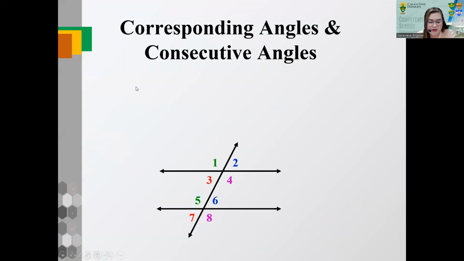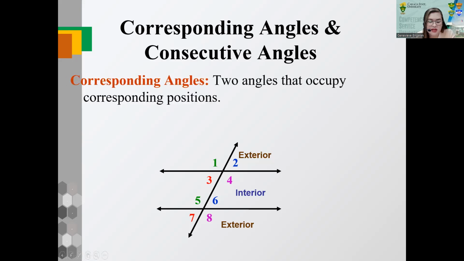So, for example, we have ang corresponding pudtuod, corresponding angles and consecutive angles. Okay, so ang corresponding angle is si 1 ug si 5, si 3 ug si 7, si 2 ug si 6, and si 4 ug si 8. So ang corresponding angles at occupy corresponding positions.